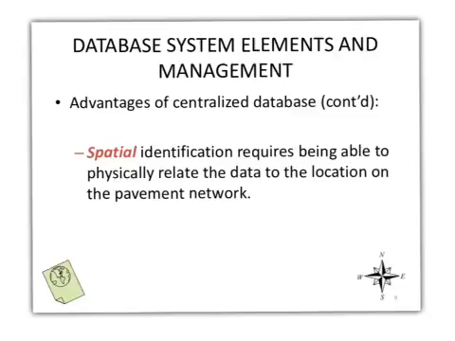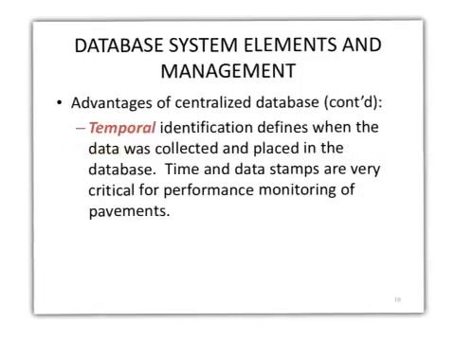So many times we know the information, but we have a hard time relating this type of information to the payment section in the network itself. So having again a centralized database would help us to identify and correlate the data to the location in a certain payment network. While the temporal identification is different.